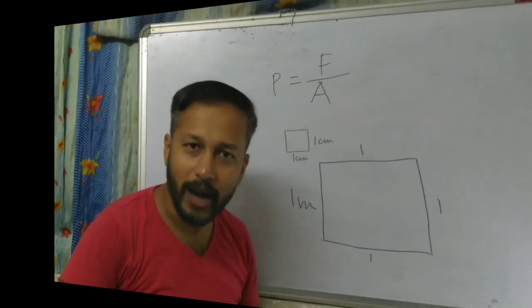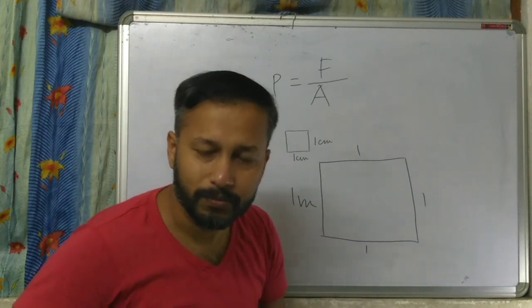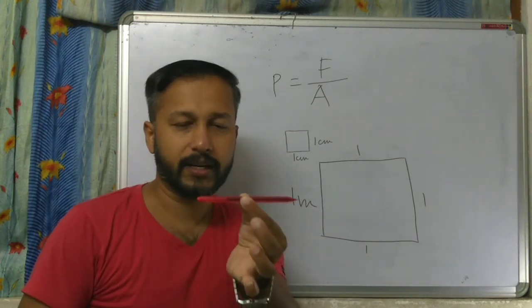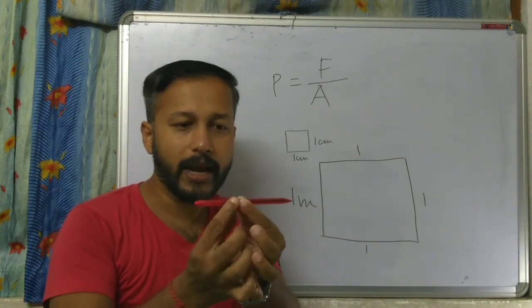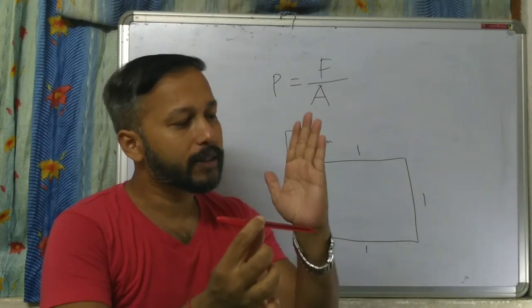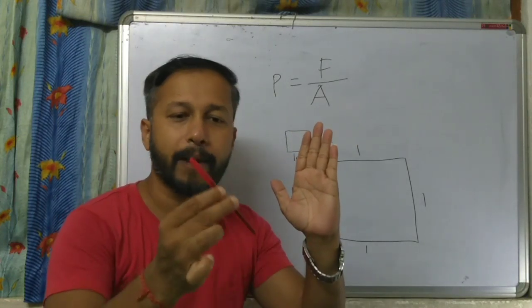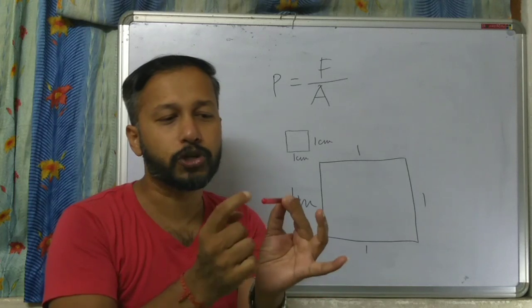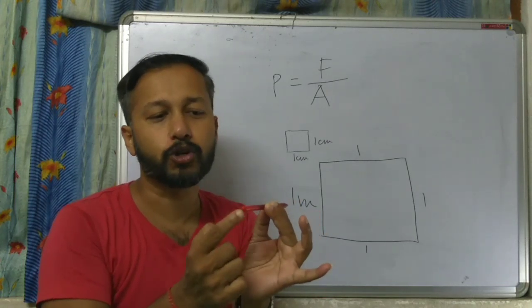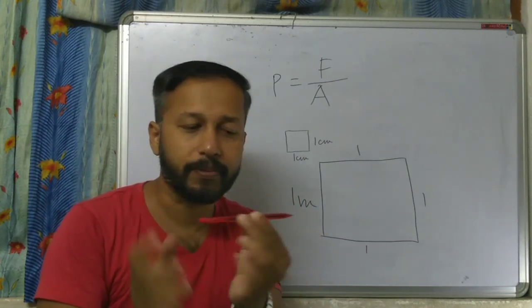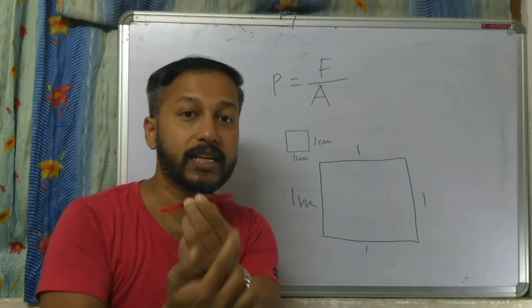Understood? Now one more example for you. Say I have taken this pen. Now this is my hand, and by this pen, from this portion which is not so sharp, but this portion is sharper.